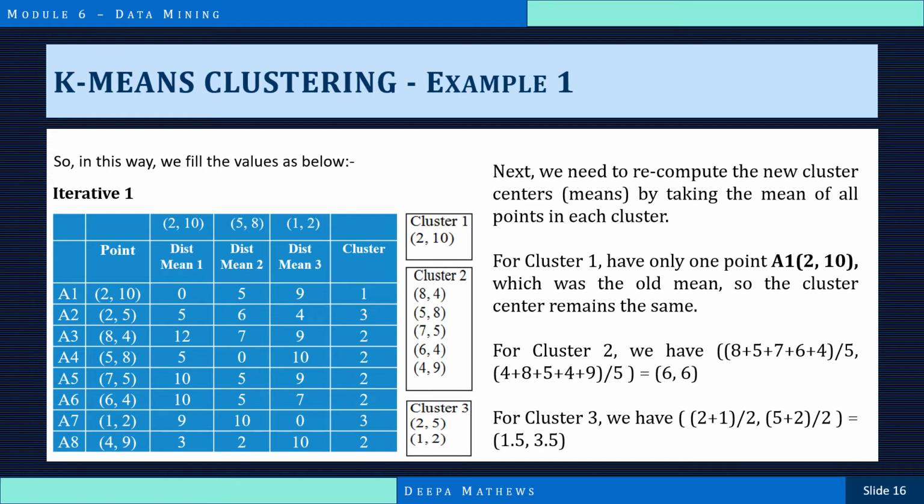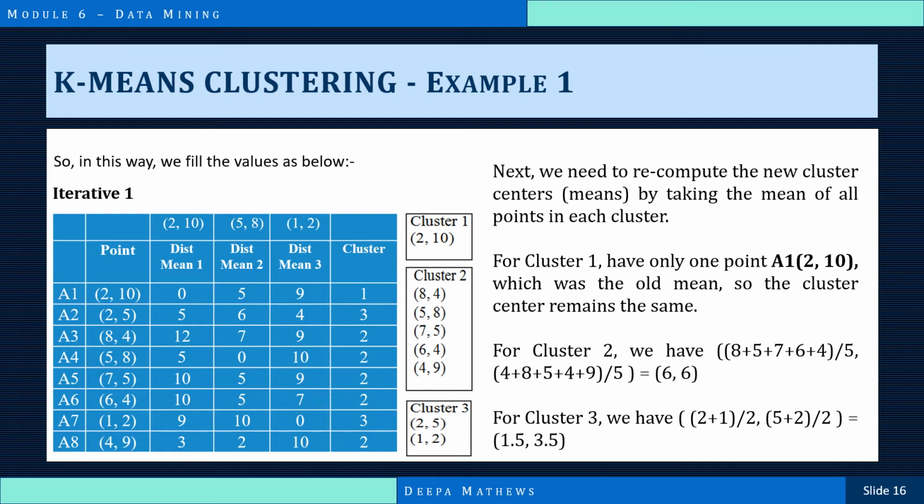Then the average of the y values: 4 plus 8 plus 5 plus 4 plus 9 divided by 5. So we'll be getting the value 6 comma 6. The new mean value of cluster 2 is 6 comma 6.